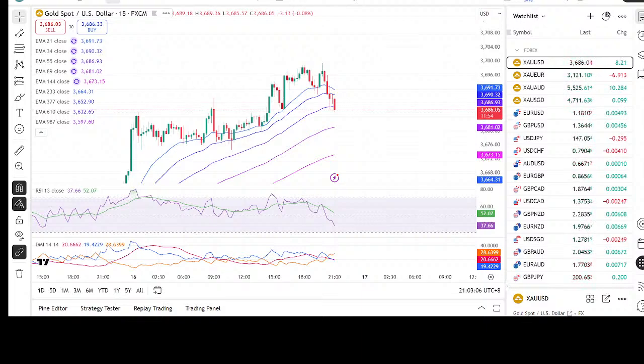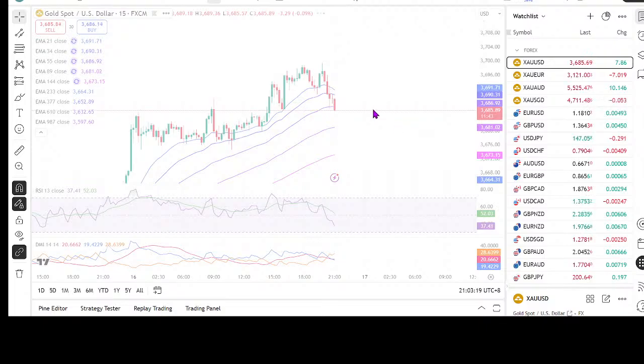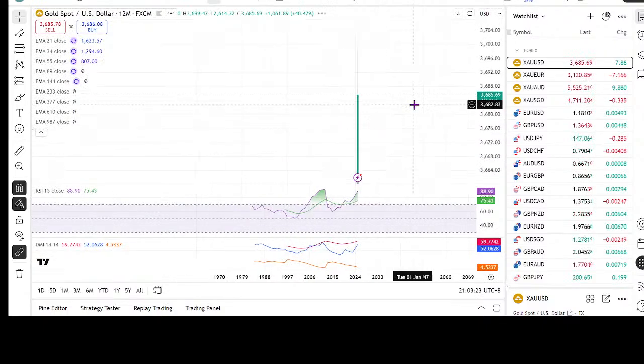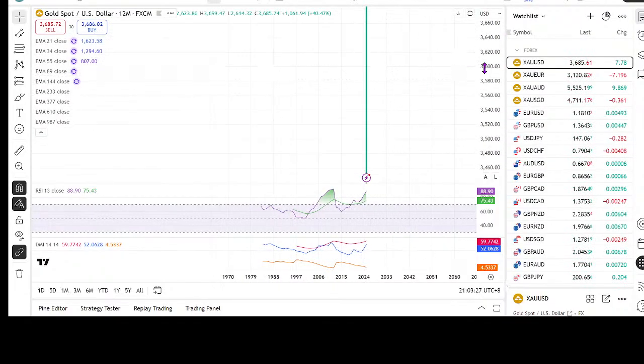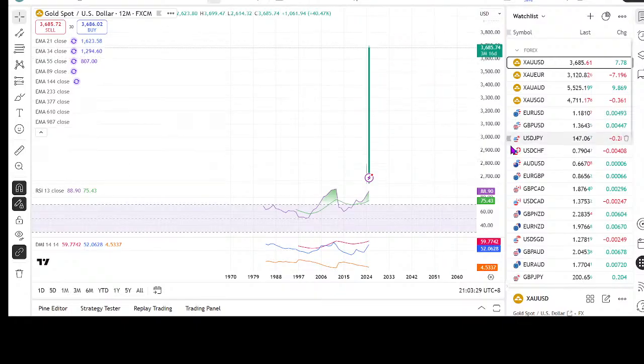So we've got to wait, stay focused, and not miss this opportunity. Because if you look at gold, I'm just showing you the 1 year data.